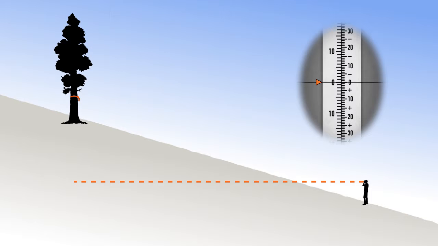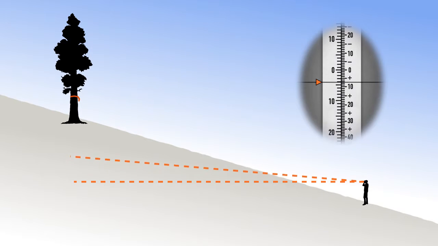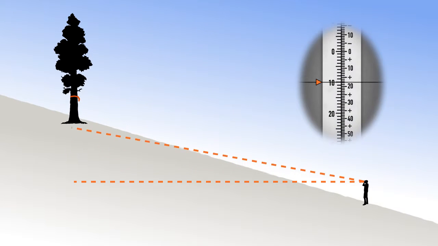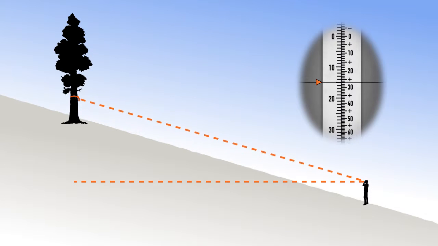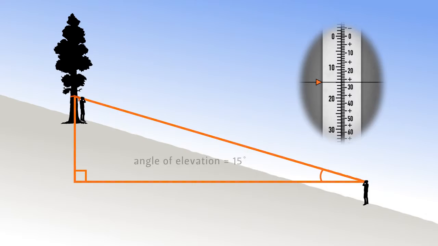Then you slowly move the clinometer up until that black horizontal line intersects with your target. In my case, it's that little orange flag that I placed on the tree itself. If I were standing right up there at that tree, there would be an invisible line connecting my head to that flag. Read the degree scale at that point, and we find that we have an angle of elevation of 15 degrees.